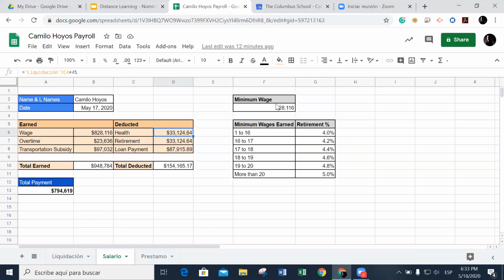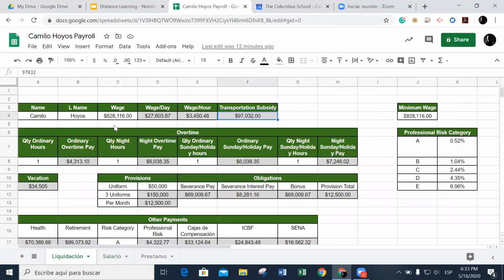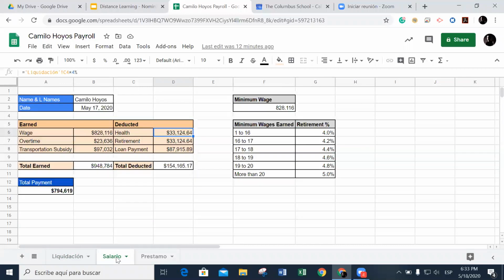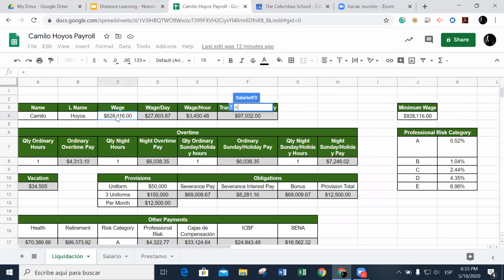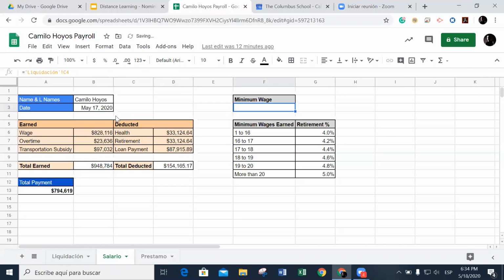You can either reference this cell right here because we have the minimum wage here, or you can reference the cell on this tab, the wage. It doesn't matter because they're both the same. I'm actually going to do it that way. So I'm going to click equals, then go to Liquidación, click here, and then click enter. There we go. Now the minimum wage is right there.